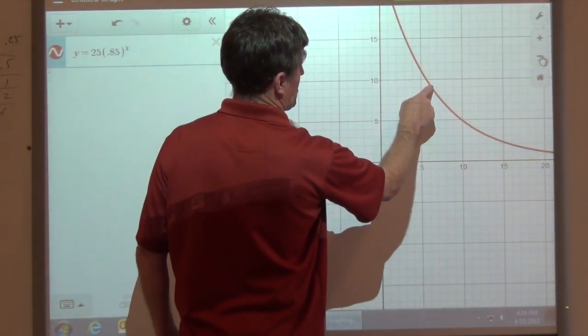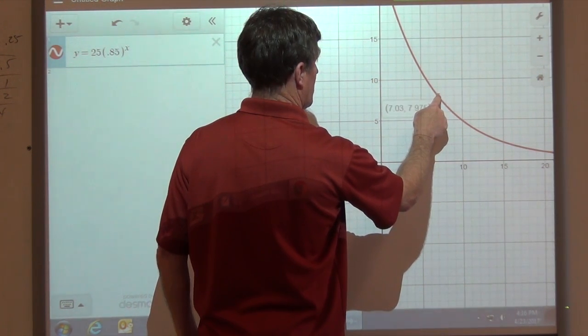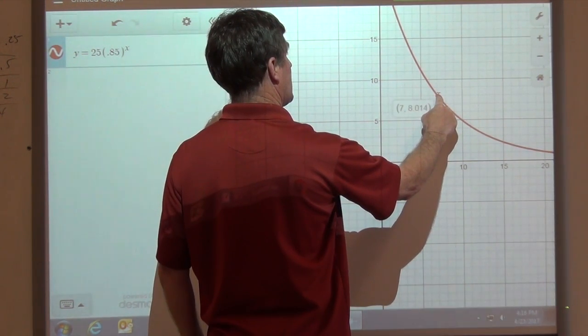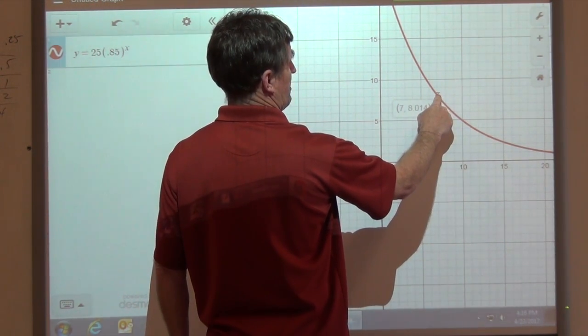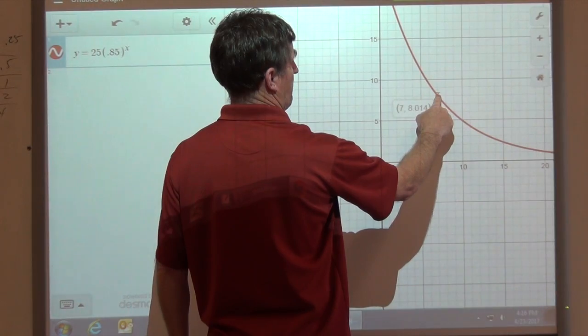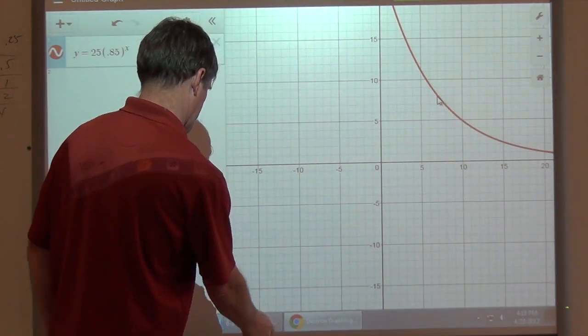And so now we can just put it on here. We want to know when the car gets to $8,000. So there it's at 7.975, right about 7 years. That's 8,000 and so $8,014. So it's really close at 7 years.